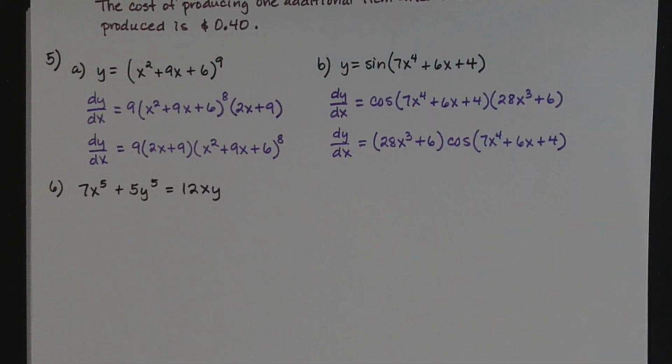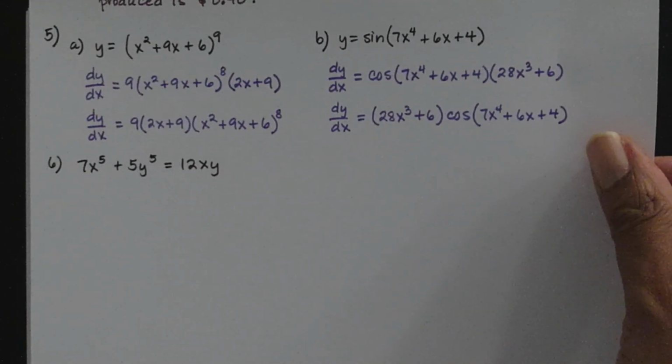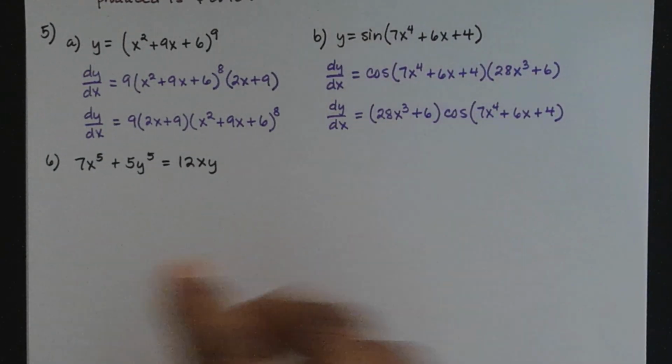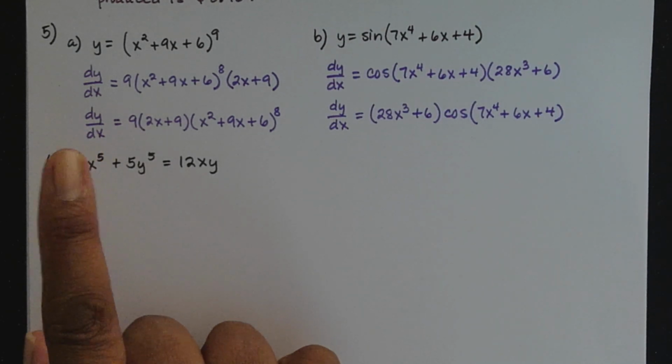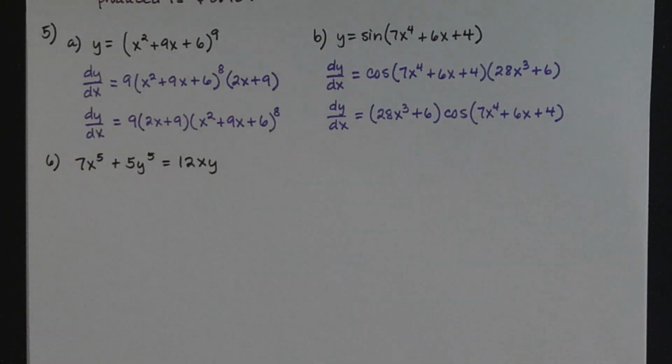And I'm going to use implicit differentiation to find the derivative of that equation. Okay, so with implicit differentiation, we take the derivative of every single term with respect to x, keeping in mind, if you take the derivative of y, you have to include dy/dx in it.